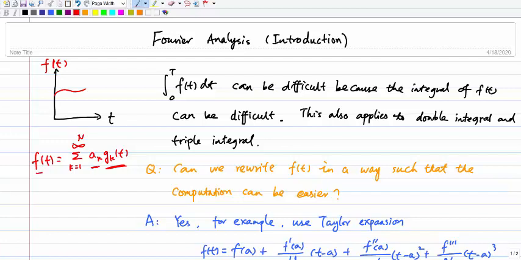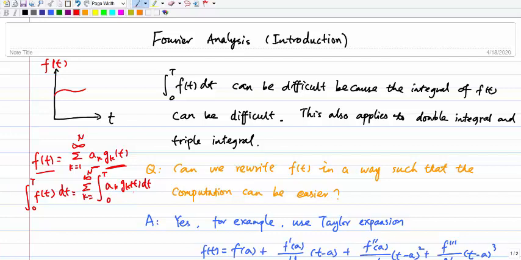If we can write it this way, the integration of f(t) dt is the same as the summation of the integration of a_k g_k(t) dt from 0 to T, for example.